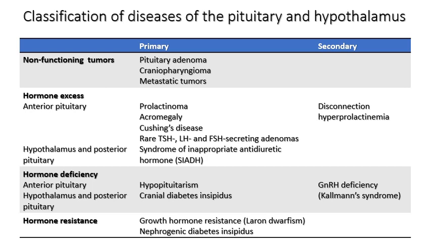Another secondary disorder is isolated GnRH, gonadotrophin-releasing hormone, deficiency. It's an X-linked inherited disorder called Kallmann syndrome.